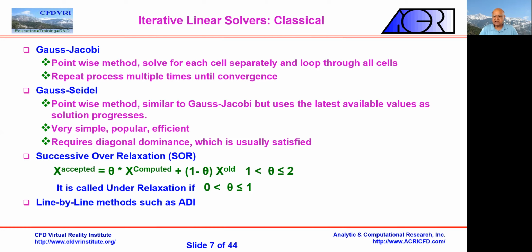So let's say you have values at step 1, you just computed the values at step 2, but now you replace the step 2 value with a new value, which is theta times the new value plus 1 minus theta times X old. If theta is 1, of course you use the new value. If theta is 2, you've given more prominence to the new value, and subtracted some of the old value.